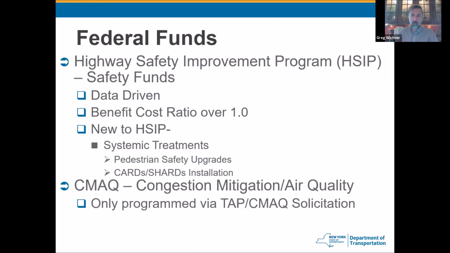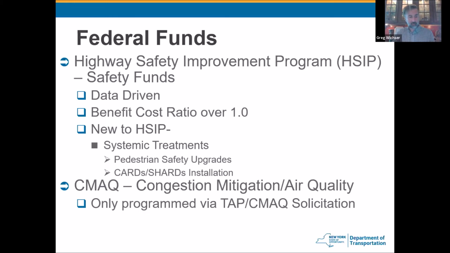The next one is the Highway Safety Improvement Fund Source. It's basically safety funds. This is a data-driven program that is based on accident rates, but then also what they call a treatable pattern of accidents. And you do an analysis and make sure that your benefit cost ratio is over 1.0 in order to qualify for the HSIP funds.